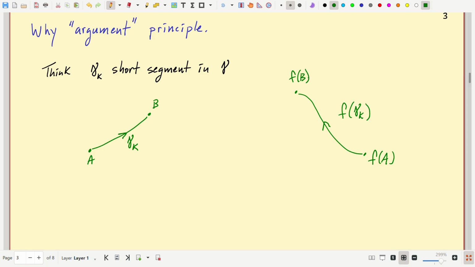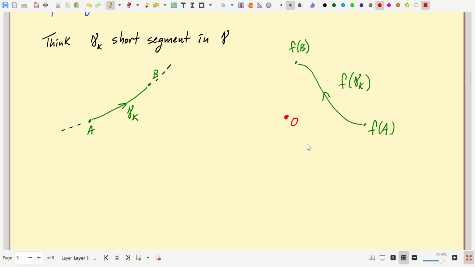And remember, f is non-vanishing on that gamma. So this is a piece of gamma here. It would continue on. And f is non-vanishing there, so 0 is not on this picture here. And you know, I mentioned that f prime over f is a logarithmic derivative. And so when you look at this picture, you can't help but think of a log.